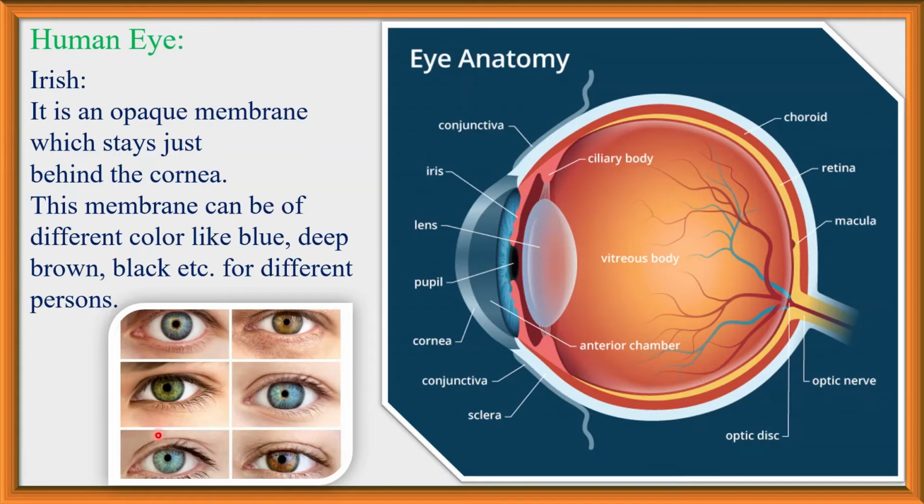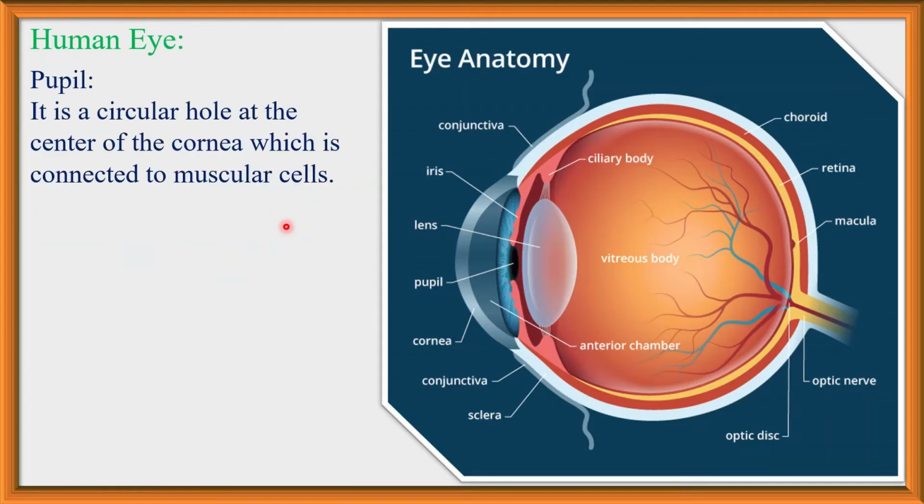These are iris. You will be able to understand which one is iris by this figure. These are different colors of eyes, and the color of the eye depends on the color of the iris.